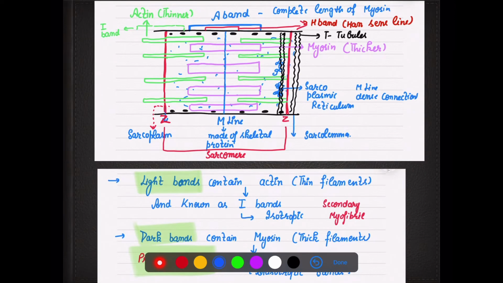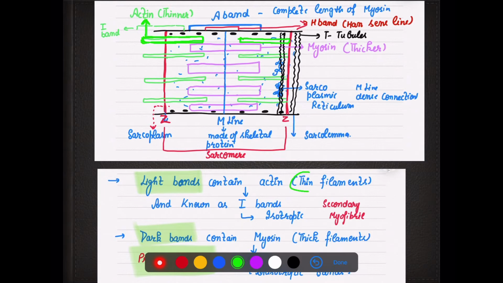Now, the light band. What is a light band? The green colored bands that you can see, we have drawn here parallelly, right? These green bands are our light bands, and they contain the protein actin. And as you see, the purple ones I have drawn a little thicker as compared to these lighter ones.